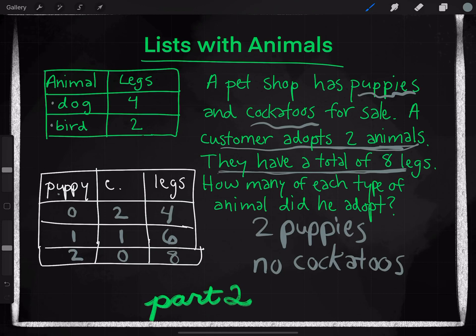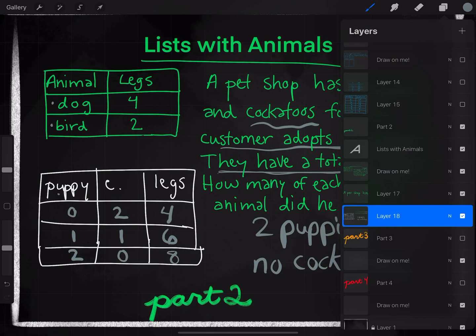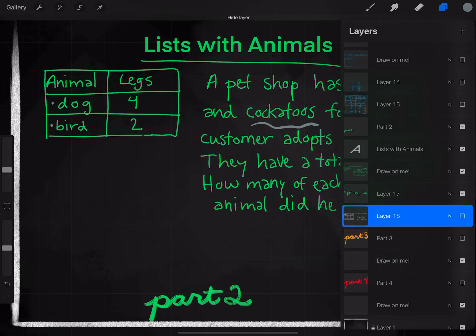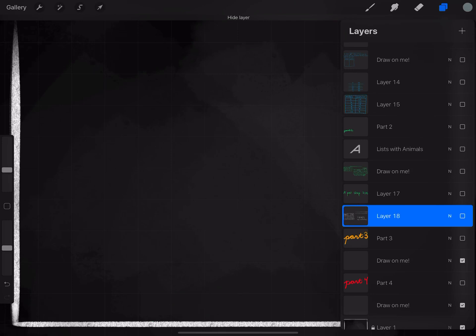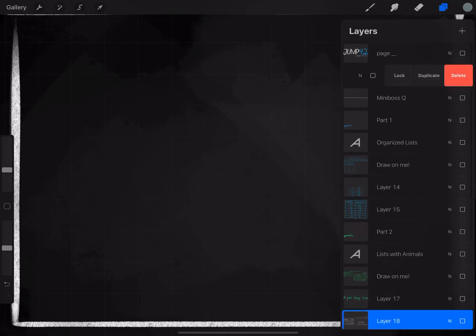So I hope that gives you an idea for when they ask you to calculate the number of legs that some animals have. It's kind of a funny thing.